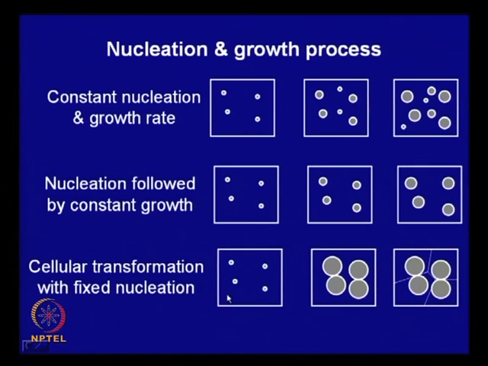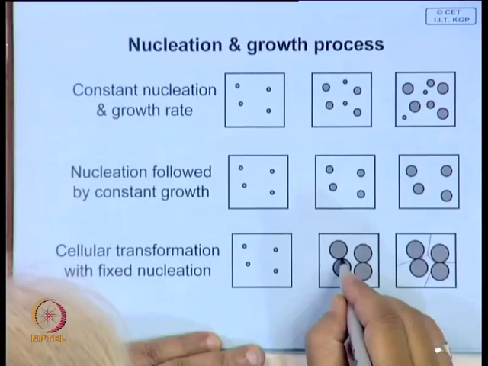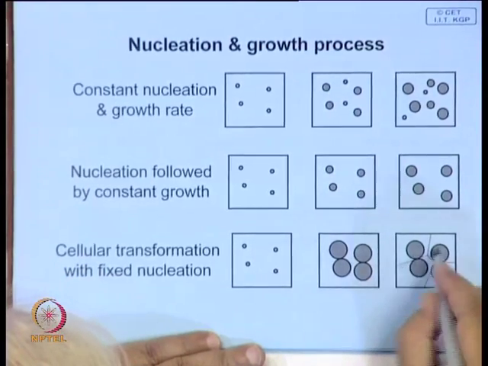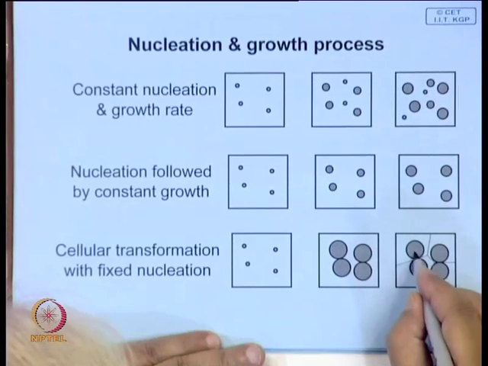And finally, towards the end, in both cases, a situation will come up where these keep growing, and ultimately the transformation will also depend on the impingement factor. Suppose these are growing, then a stage will come when they start touching, so growth in this direction is inhibited.